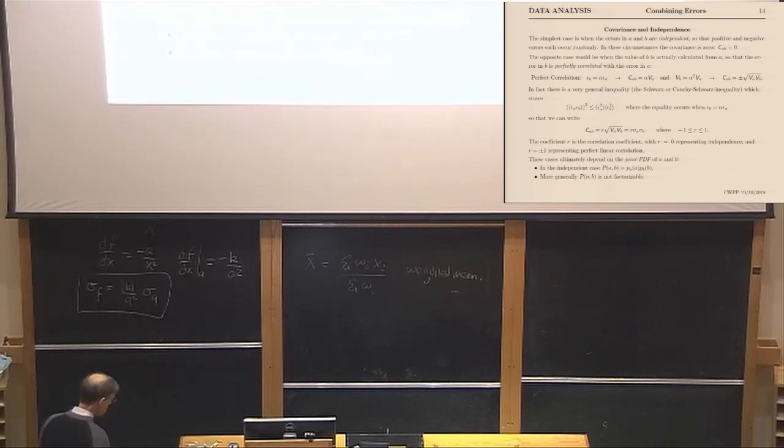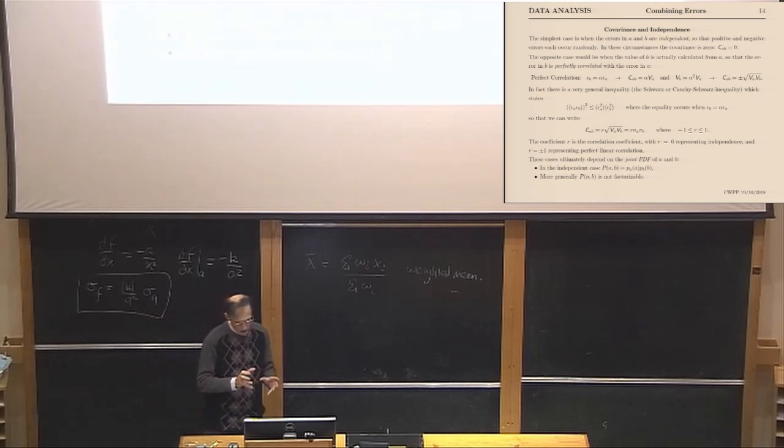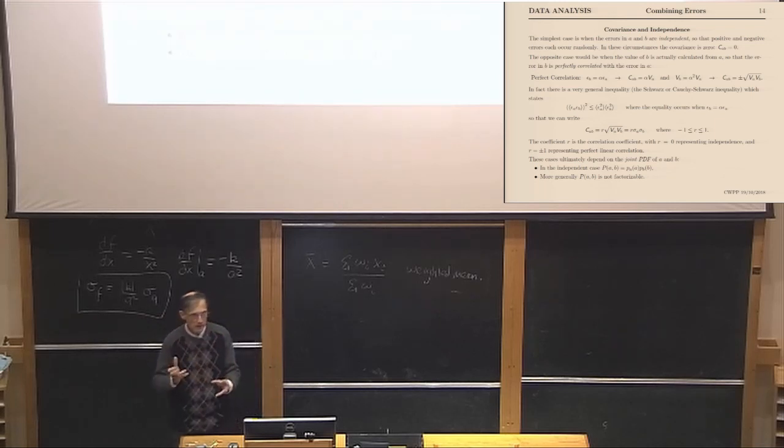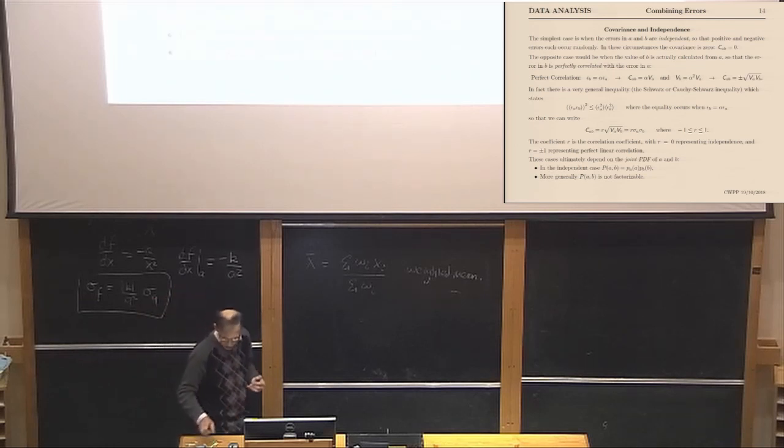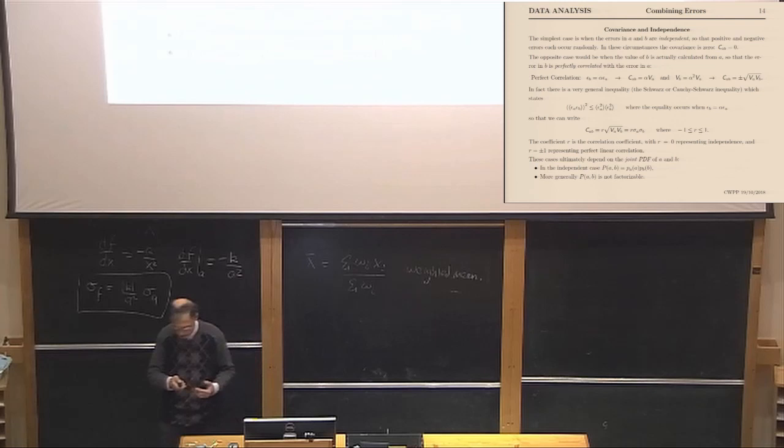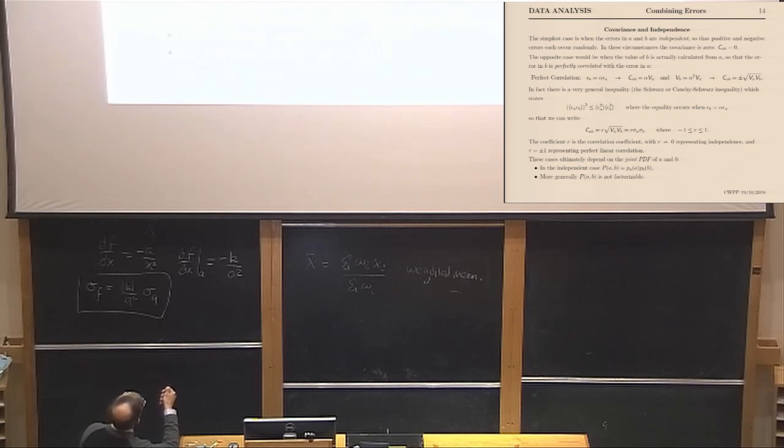The opposite case would be where B was in some sense calculated from A, or so tightly linked to A that the error is perfectly correlated, which means that the error in B is just some multiple of the error in A. So that would be an extreme of non-independence, that the two variables are not only on average related to each other, but they're strictly related to each other in every single case.